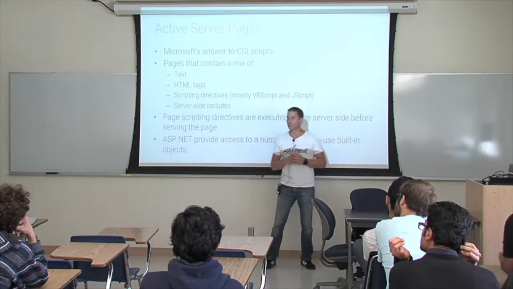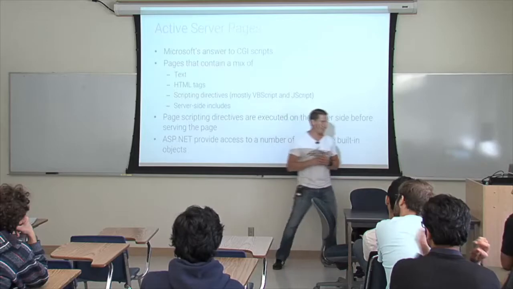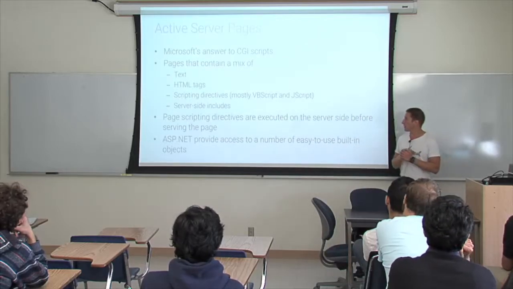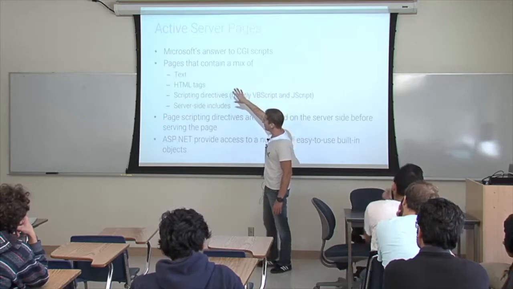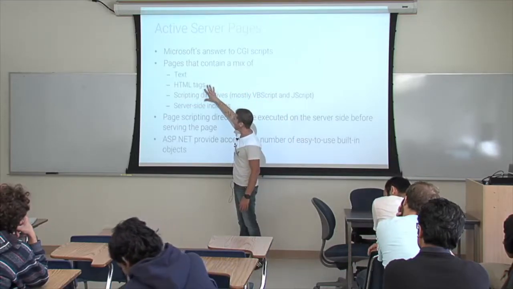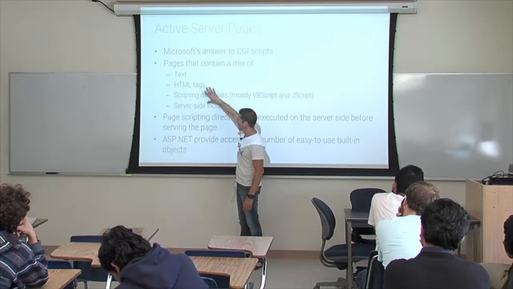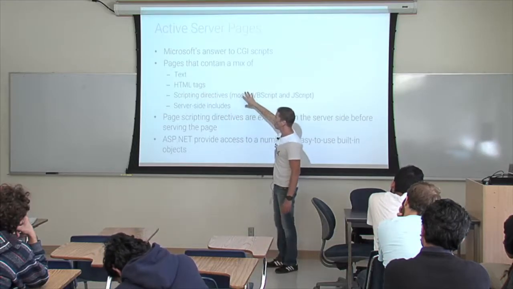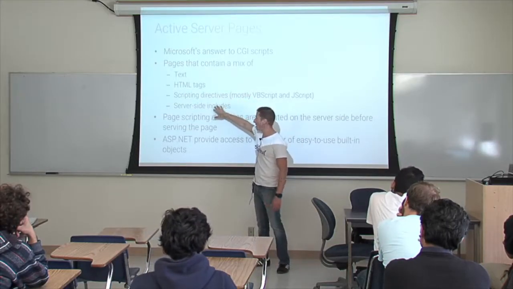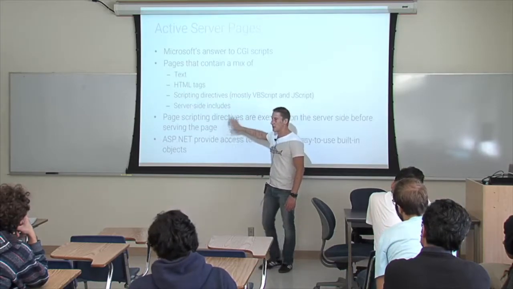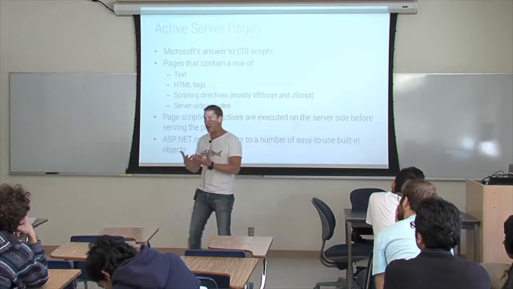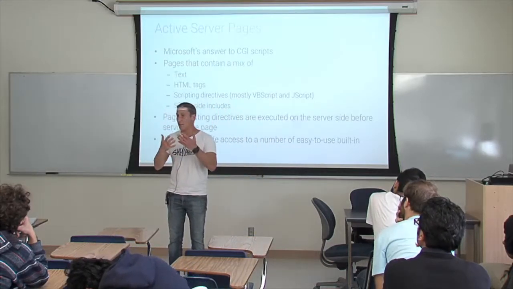Okay. Other questions? So active server pages are very similar to CGI scripts, but to make it user-friendly, they actually have a mix of text, HTML tags, and scripting directives, and we will see server-side includes. Fundamentally, whenever the page is retrieved, the text stays the same.